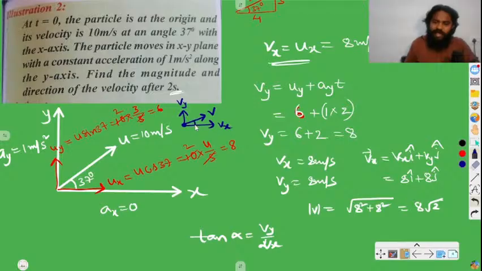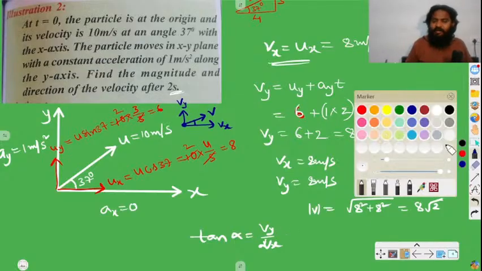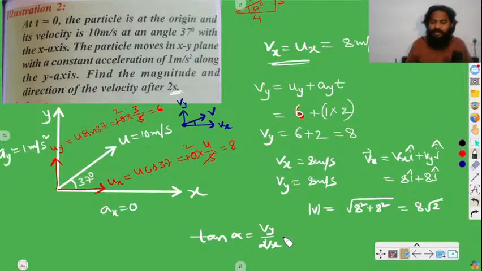Here this is the angle which shows the direction. Now from this, tan alpha is equal to opposite Vy by adjacent Vx. So what will you get? Vy is equal to 8, and Vx also is 8. That means 1.